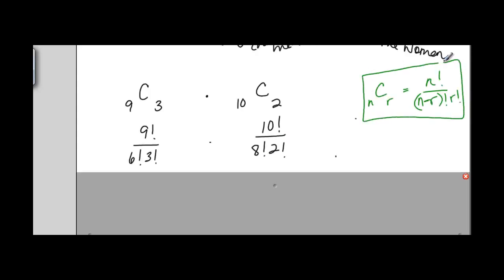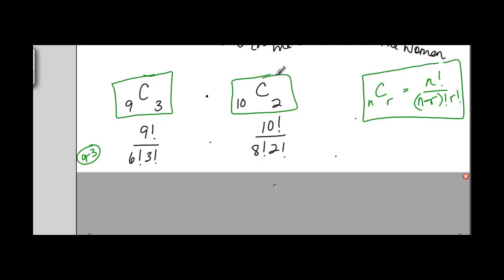And then our formula for finding a combination is N factorial over N minus R factorial times R factorial. So for this combination, using the formula, I would have 9 factorial over 9 minus 3, which is 6 factorial, times R, which is 3 factorial.